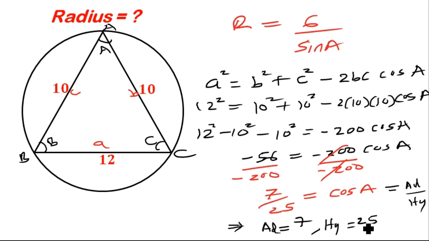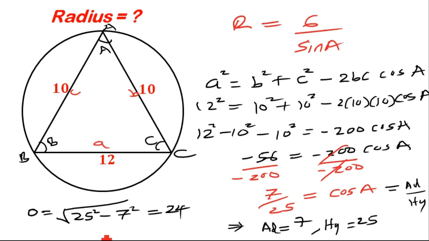According to Pythagoras theorem, the opposite side will be the square root of the hypotenuse squared minus the adjacent squared, because the opposite and adjacent are the two shorter sides. The square root of 25 squared minus 7 squared is 24, so the opposite is 24.